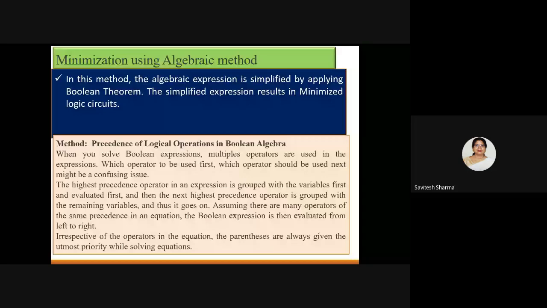While simplifying the Boolean expression, you have to take care of something. Just as when solving a mathematical equation you must remember the precedence of operators like plus, multiplication, division, you have to apply BODMAS. If you are simplifying an expression, you have to follow the rule called BODMAS.